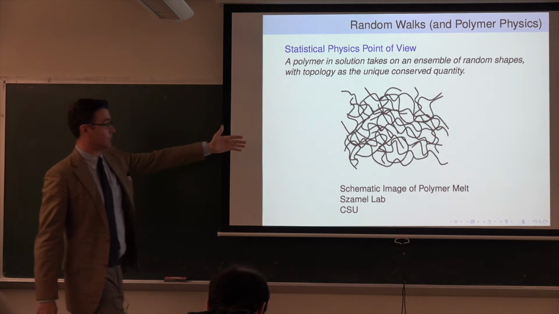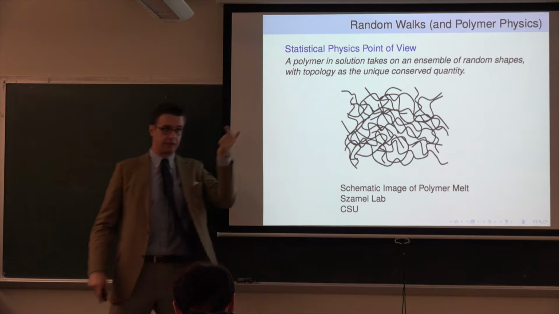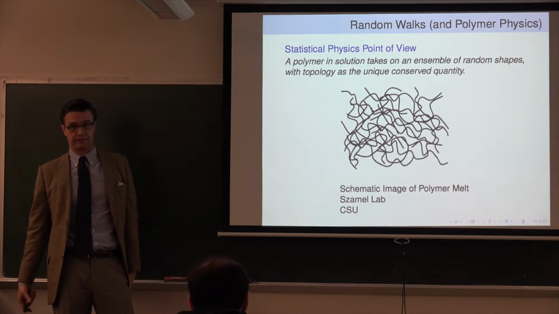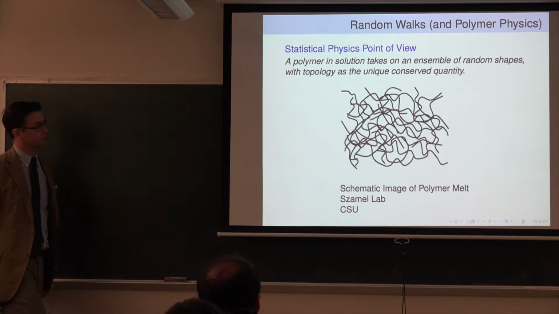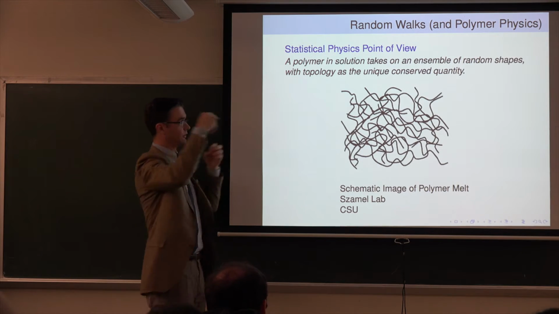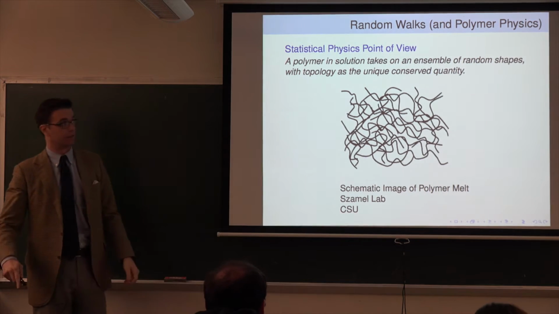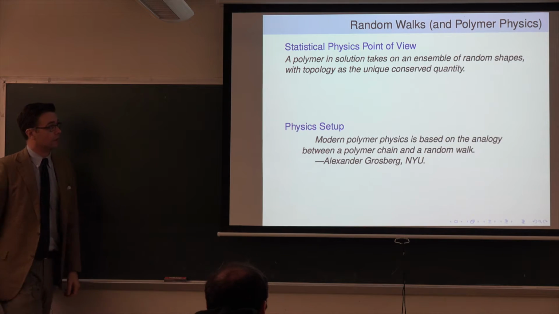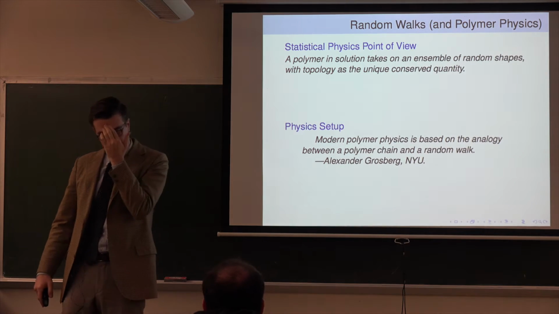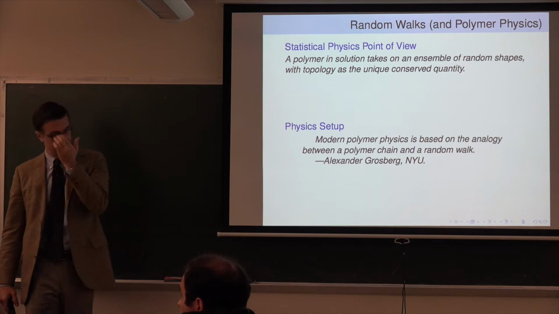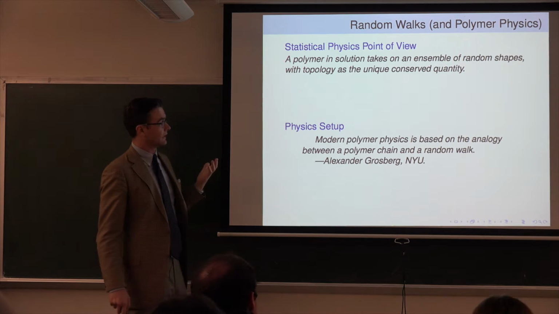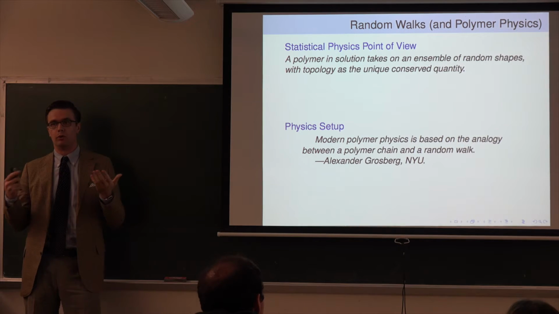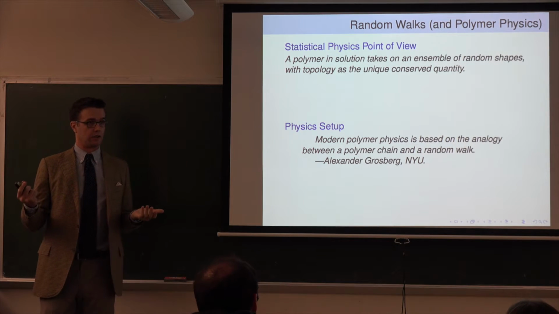Or you can have polymer melts, like in your contact lenses. Rubber is very similar to a melt in various ways. You have lots of these molecules stuck together in really interesting and non-trivial ways. The basic paradigm, to use one of many buzzwords, is that you think of a polymer as being more or less a random walk.